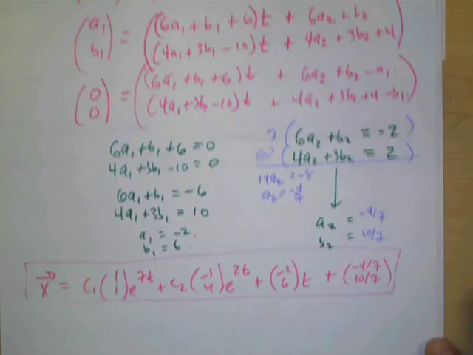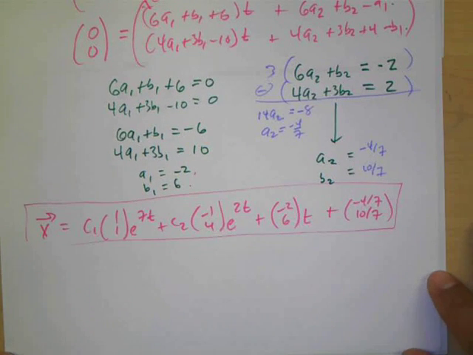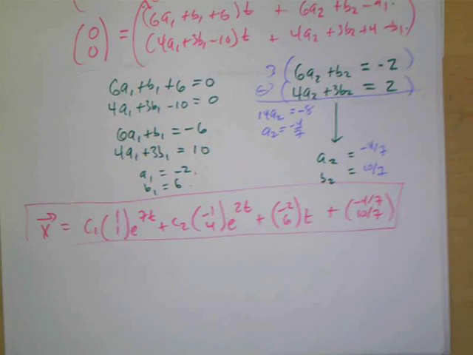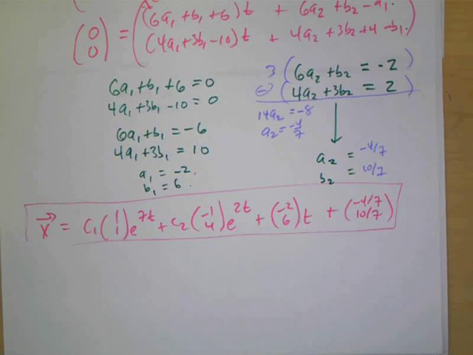Make sense? Okay. Like I said, the concept isn't so hard. It's just they take a long time. It's the same idea. So if we have cosines and sines, then you would just use that as your particular.